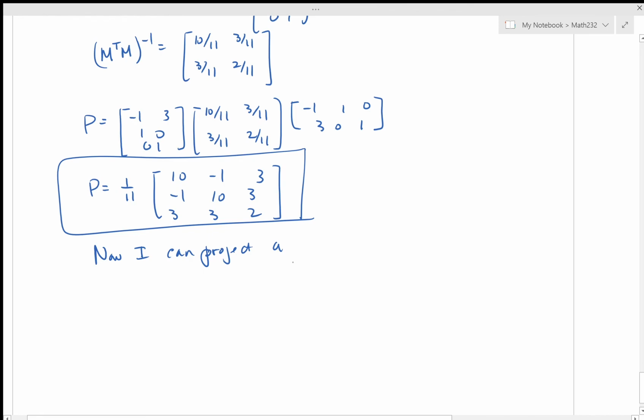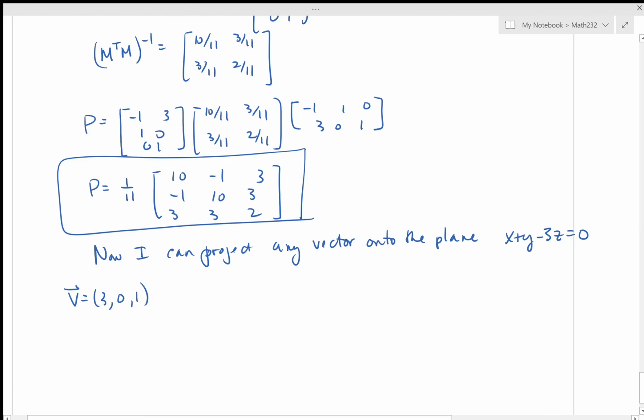So now I can project any vector onto the plane x plus y minus 3z equals 0. So I'll do that with the one vector we were given at the beginning here. That vector is 3, 0, 1.